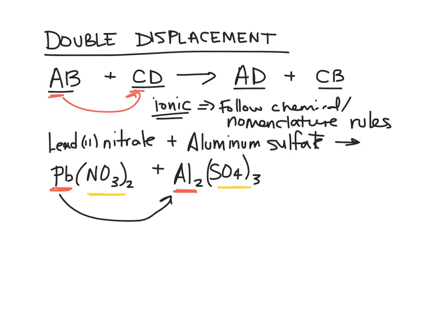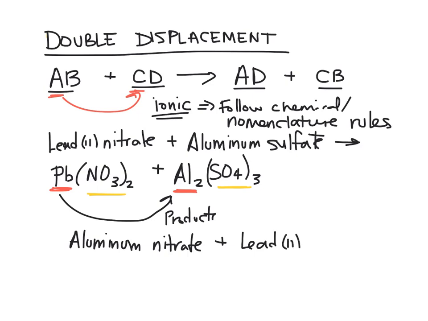And if they're going to swap places, what are the products? So let's think about products here. Let's write them out. So if it's lead 2 nitrate and aluminum sulfate, what you're going to get as products would be aluminum nitrate and lead 2 sulfate. Do you see that?